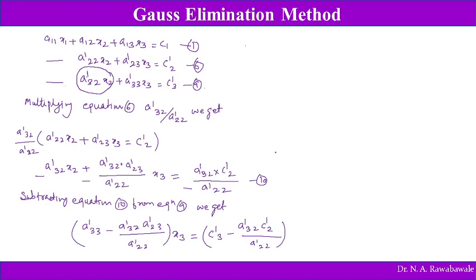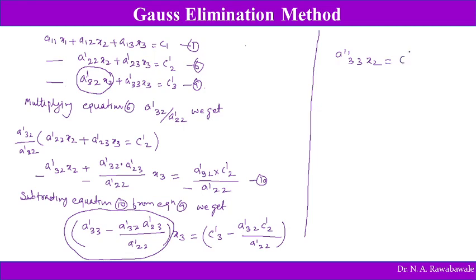So this equation can be written again as a double dash 33 x3, where the complete bracket is replaced by a''33, which is equal to c''3.